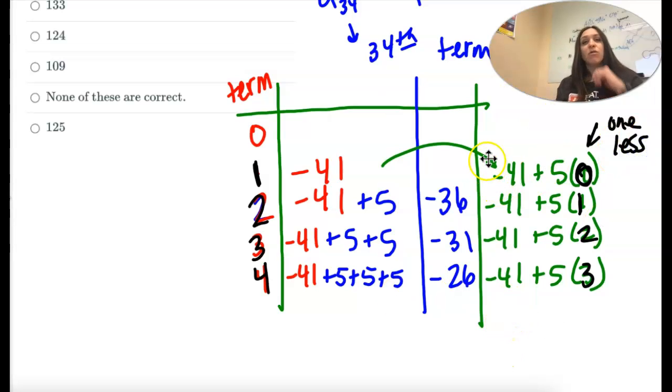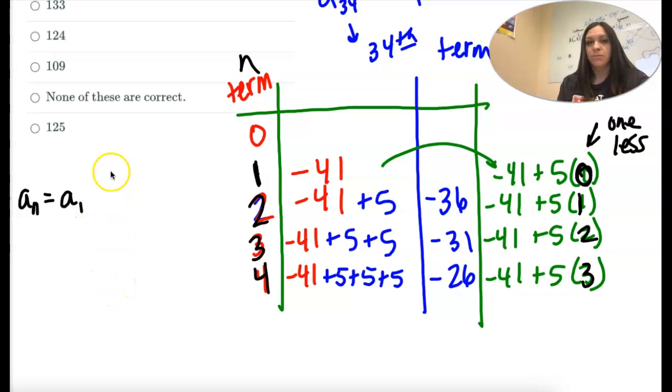So we have a general form of an equation, and I'm going to write the general form. If I want to find any term number, that's n, I take the first term plus the difference times n minus 1.